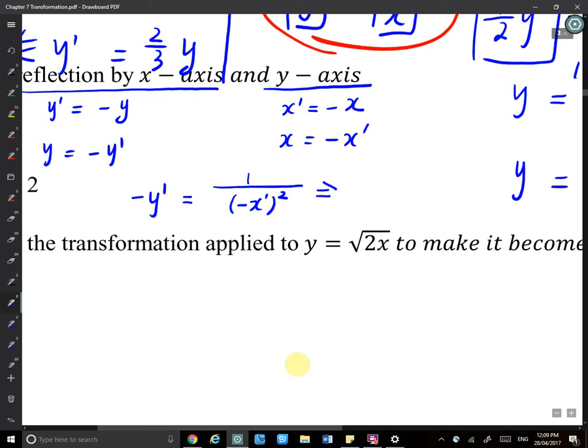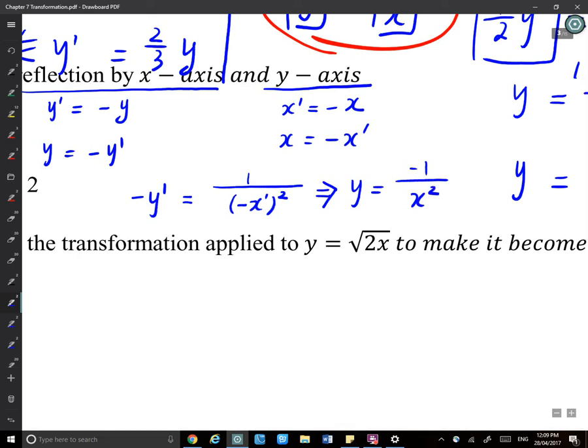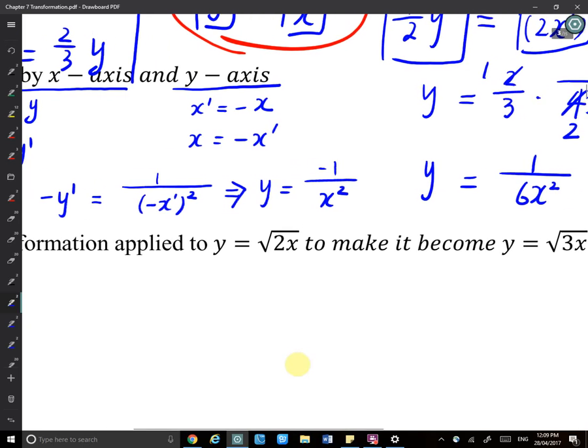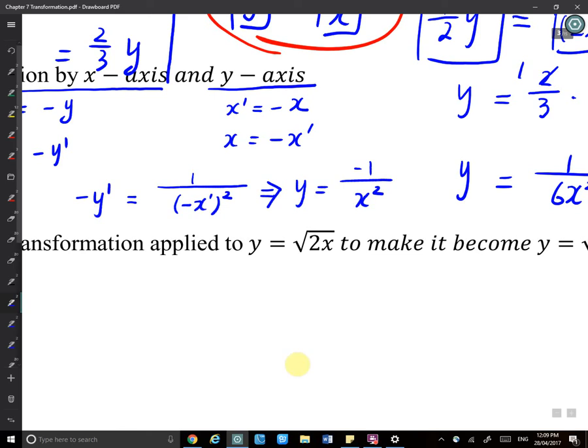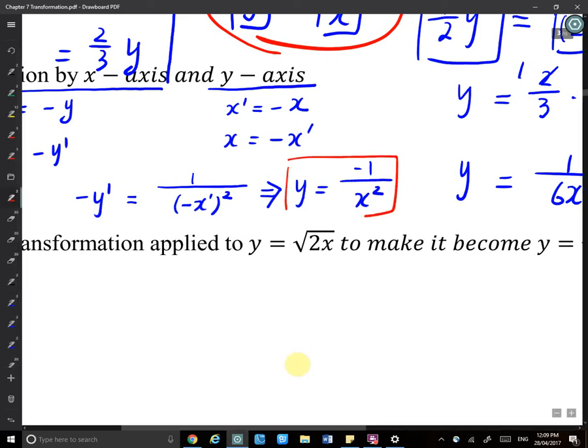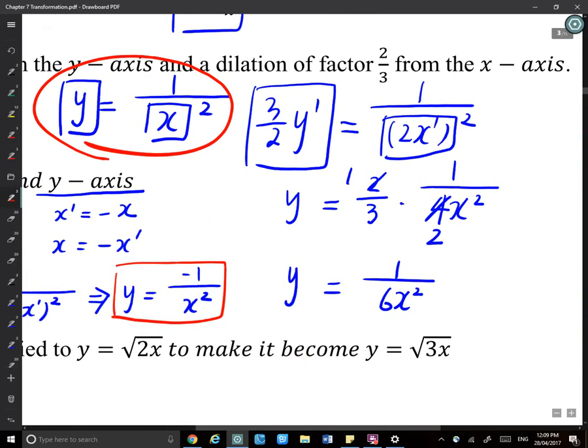That will give you y equals minus 1 over x squared. Minus x dash squared is x squared, because we squared it, the minus is gone, and the minus moved to that side. You have minus 1 over x squared. That's the final answer for part 1.